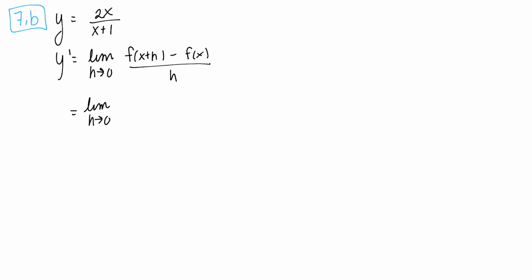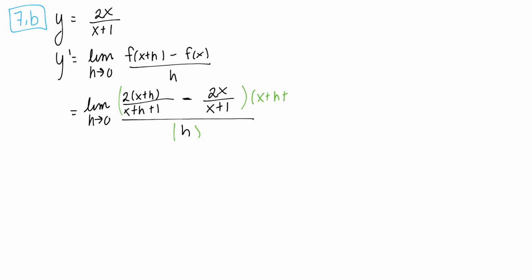Right, so for f of x plus h, we have 2 times x plus h over x plus h plus 1, minus f of x, which is just 2x over x plus 1, all over h. To simplify our complex fraction, we are going to multiply by the least common denominator.